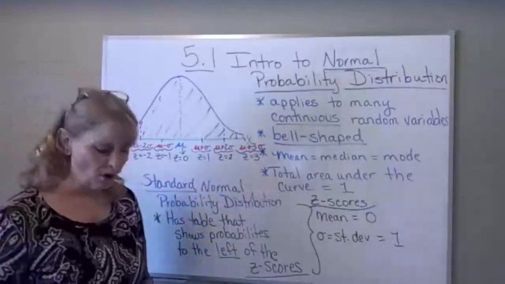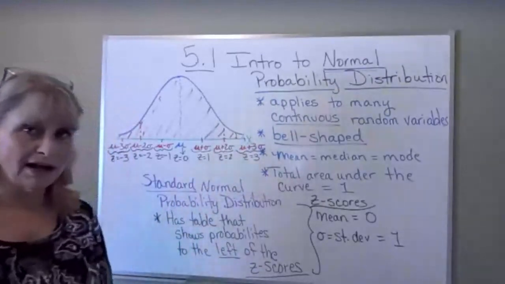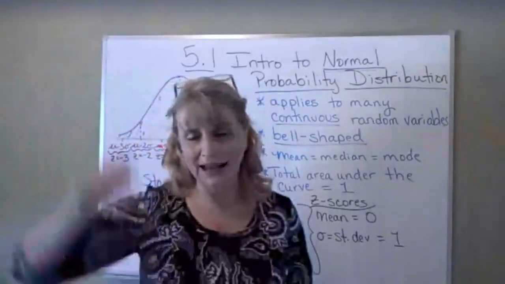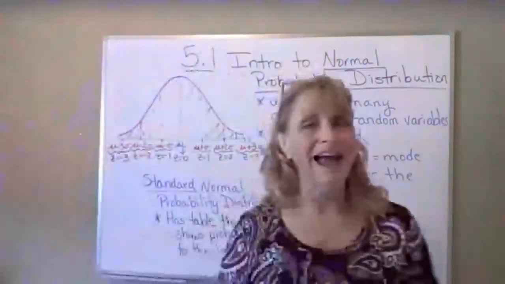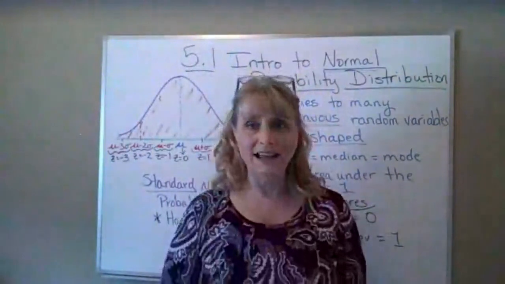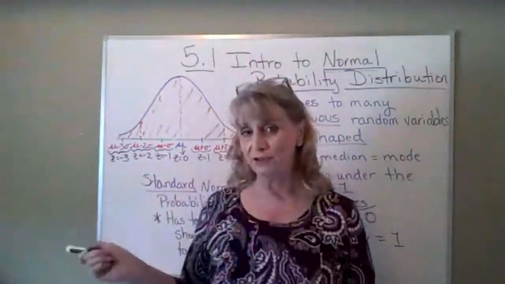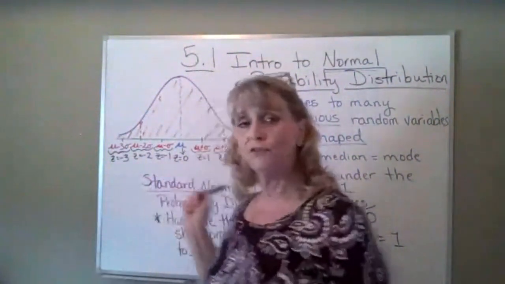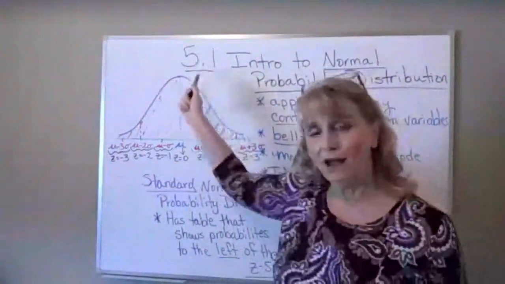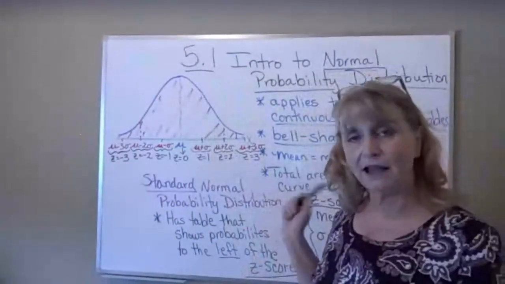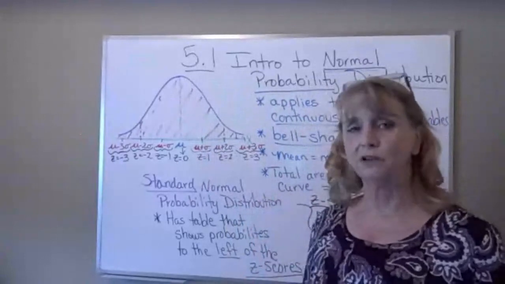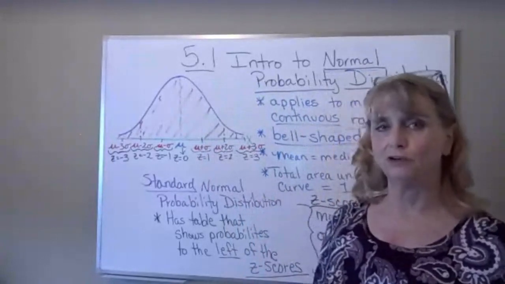So we're going to go over more of these after the break. This is a good time to stop. I bet during the break today that you can finish that Chapter 5 skills review and do the first few problems in 5.1, which are just about this stuff, understanding the basics of the normal probability distribution.